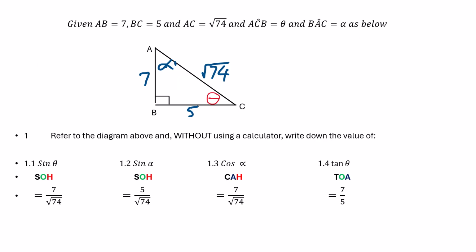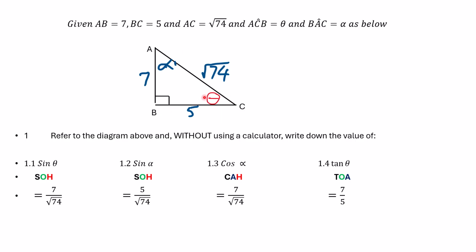Right. So if you look here at the first problem, they're given AB equals 7, so from A to B is 7. BC, from B to C, is 5. And AC, from A to C, is square root 74. In ACB, the letter in the middle always represents where the angle is.